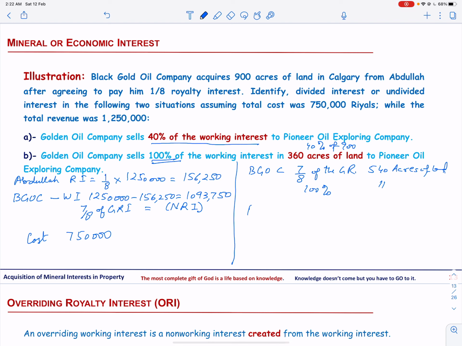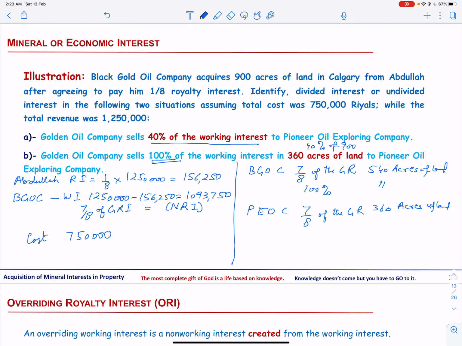Pioneer Exploration Oil Company, they will get 7/8 of the gross revenue generated on 360 acres of land, as in either case 1/8 of the gross revenue will be given to the landowner.